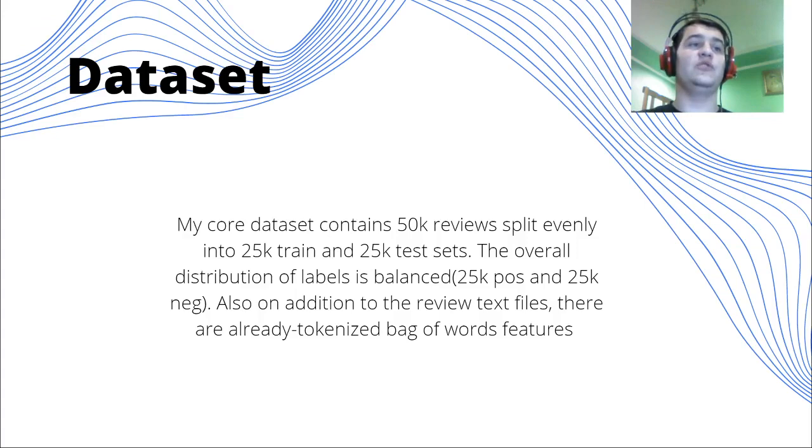Also, in addition to the review text files, there are already tokenized bag-of-words features. This means that after I preprocess my data, I will build naive Bayes and random forest models using the given bag-of-words and compare the results. Also, there is a paper with classification results which I can compare to as well.